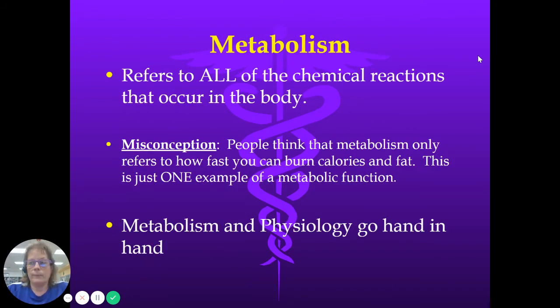And for example, in your cells and your mitochondria, how the mitochondria are able to create ATP, which is that energy that your cells need to do work. That is an example of metabolism. So metabolism, yes, it does include how quickly your body burns the calories to get the energy out of it, but that's just one example, okay?